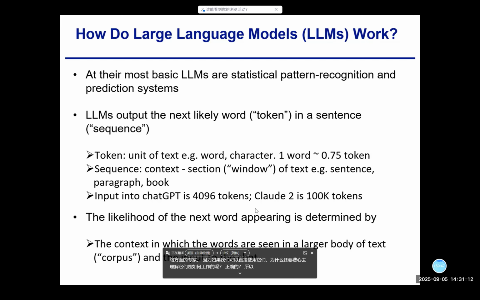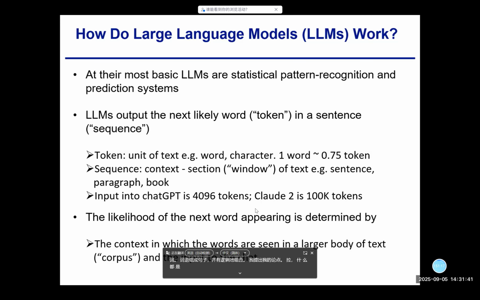So at the most basic level, again, not rigorously speaking, large models are statistical pattern recognition and prediction systems. Think about us human beings speaking: from the bottom to the top, I use letters. Letters consist of words. Words consist of sentences. And combining with logic, I make my arguments.